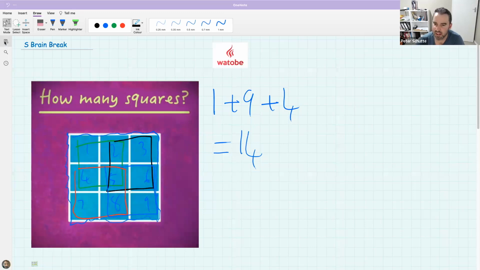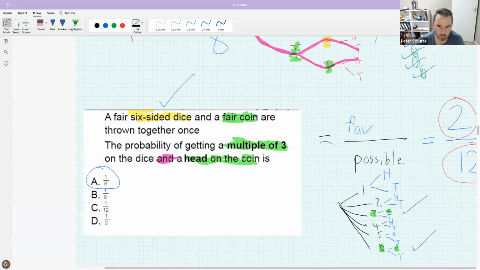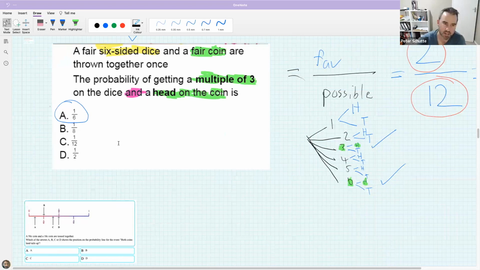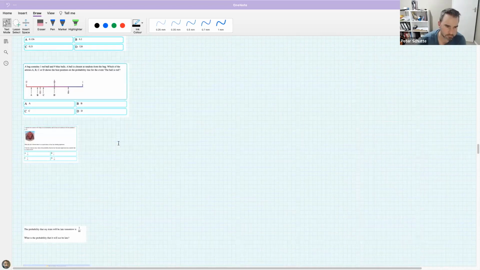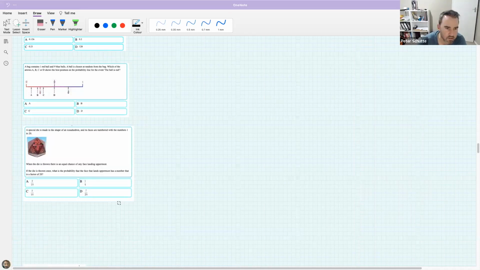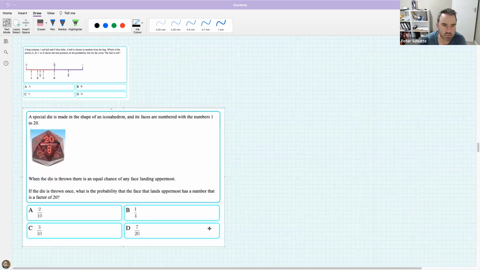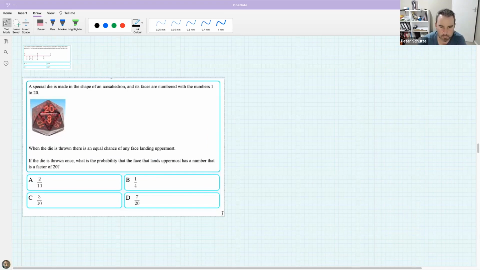Cool. All right. Let us get back to our introduction to probability that we were doing already. So we were doing these tree diagram type things. And let's see what other types of questions we might sometime get. Well, let's do this one, just to kind of get us going again.